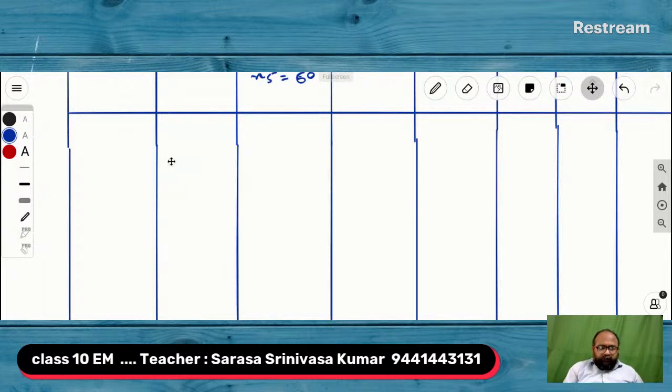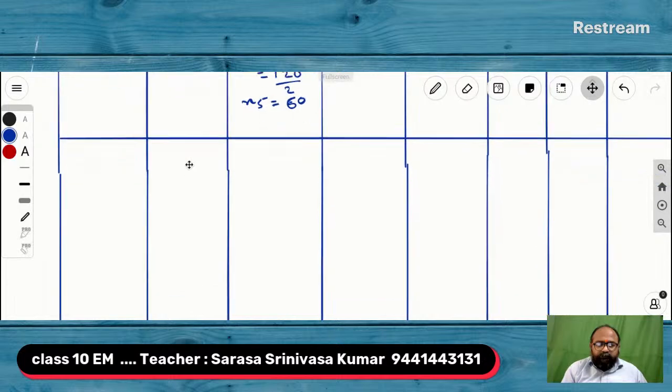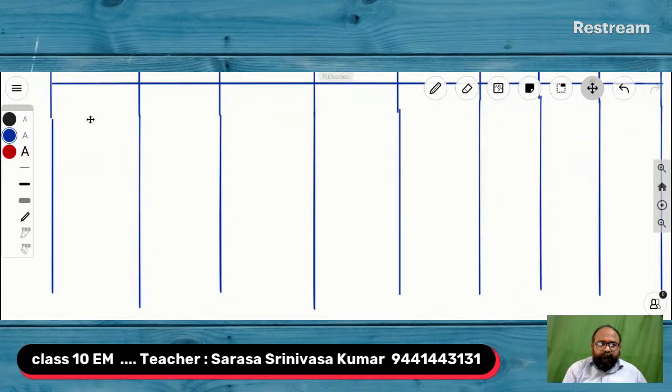Now we consider the class interval 65 to 75. So the frequency F6 is 2.